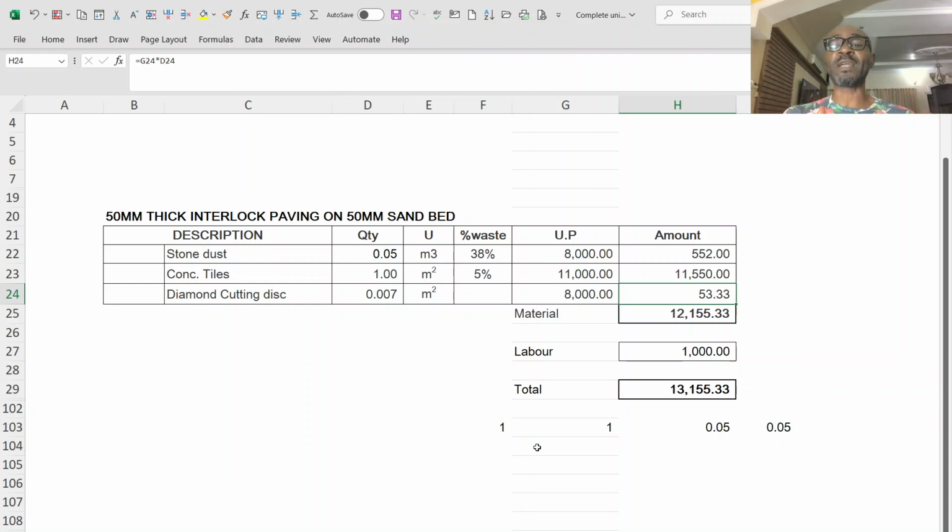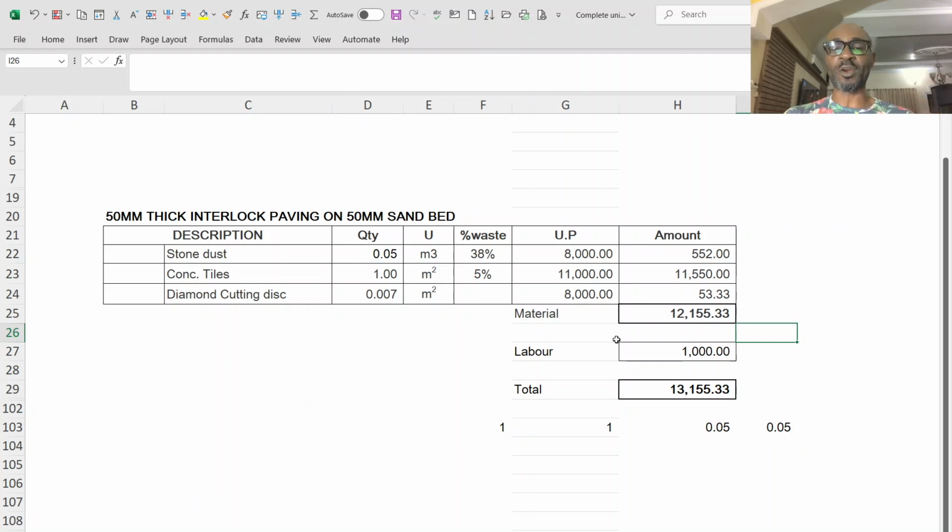It's for me now to multiply the 53 naira 33 kobo by 1,000 square meter. It will give me an amount. Then I divide it by 8,000, which is the cost of the diamond disc in the market. It will give me the number of diamond discs I need to buy for 1,000 square meter.